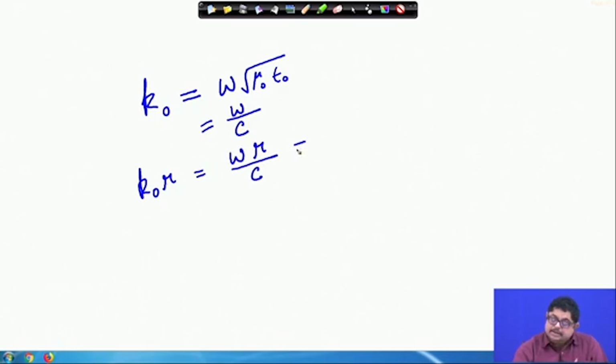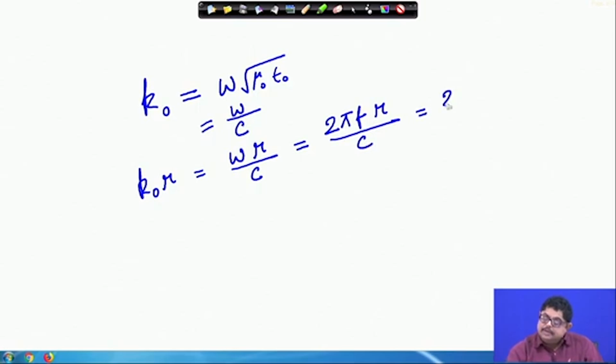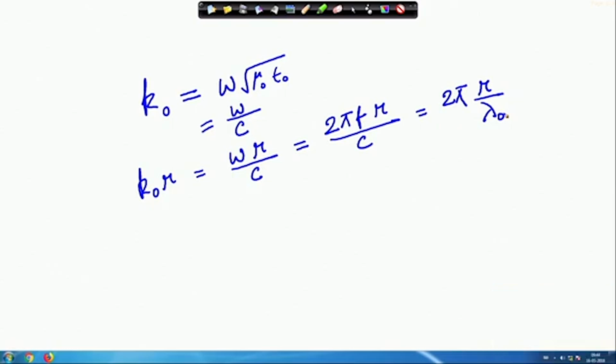Now, omega is angular frequency. So, I can write it in terms of the frequency as 2 pi f r by c, and again f by c is 1 by lambda. So, it is 2 pi r by lambda naught, where lambda naught is the wavelength corresponding to the operating frequency.